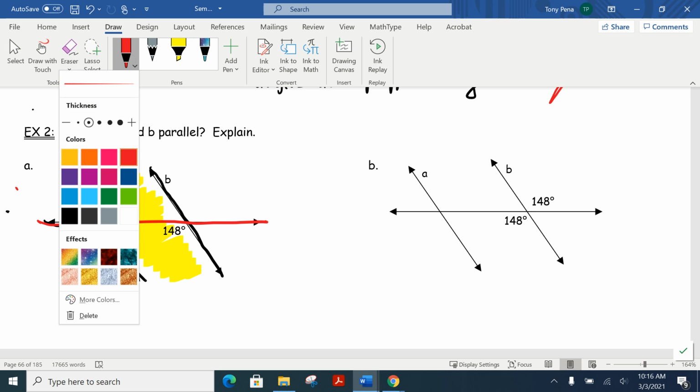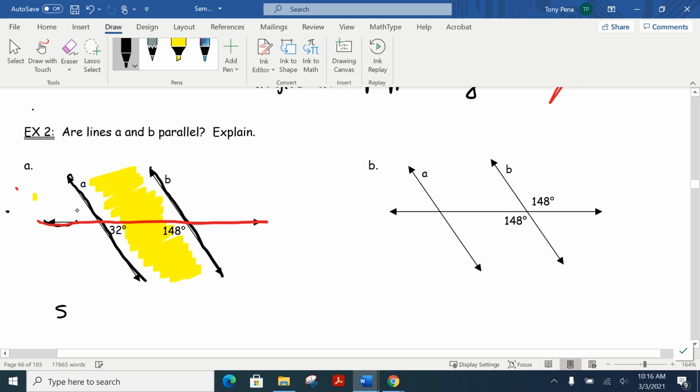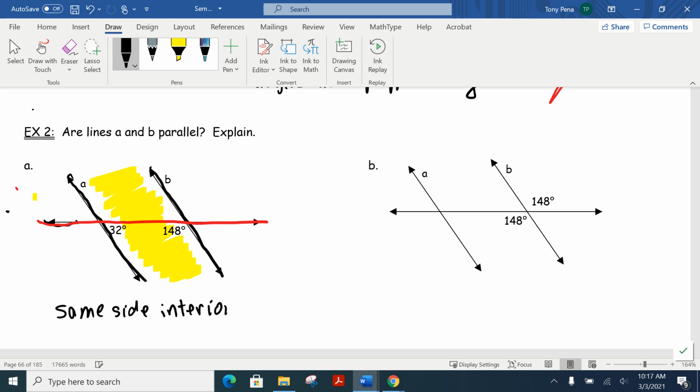So what we're hoping for, because here's what should happen, same side interior angles, angles should be supplementary. So we now need to determine, is that actually true? So here's this angle here.